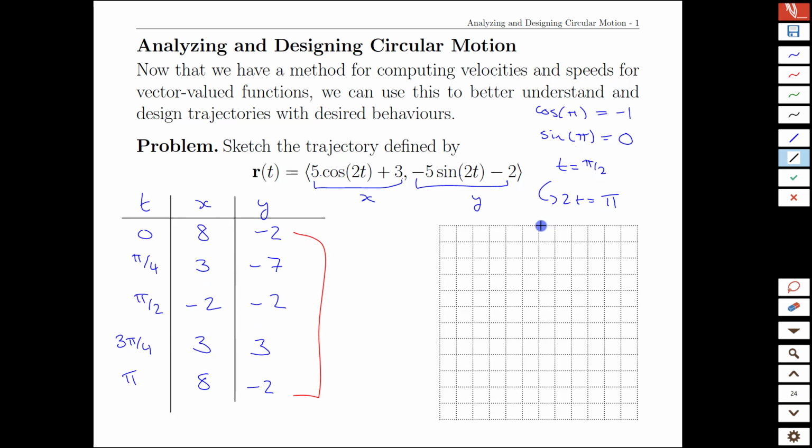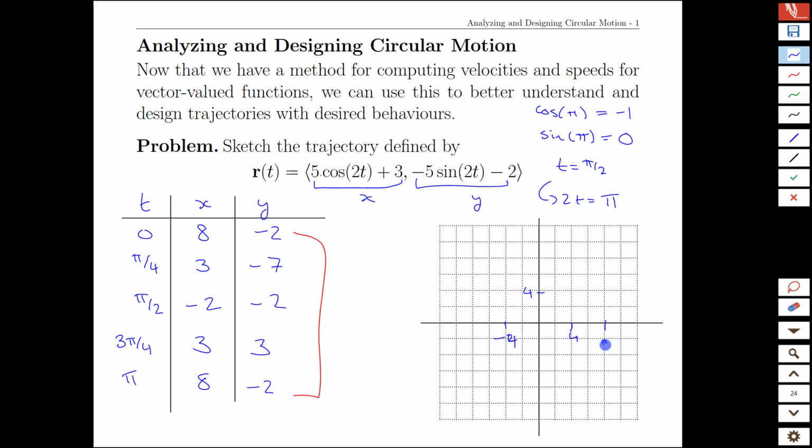Both x and y's are positive and negative, so we'll center ourselves here a bit in the middle. We need a fairly large scale, so let's go 4 and 8. Minus 4. And we'll keep the scale even. What we have is 8, minus 2. 8, minus 2 is here.